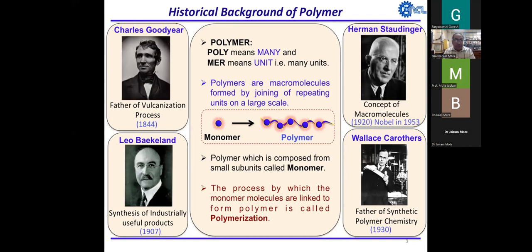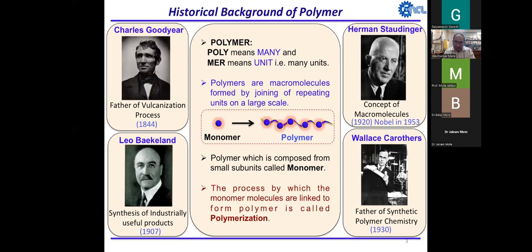In earlier days, in 1844, Charles Goodyear introduced the rubber vulcanization process. What is the rubber vulcanization process? The process where he added sulfur to give stiffness to the rubber. Then Backland took it forward for industrial application purposes.